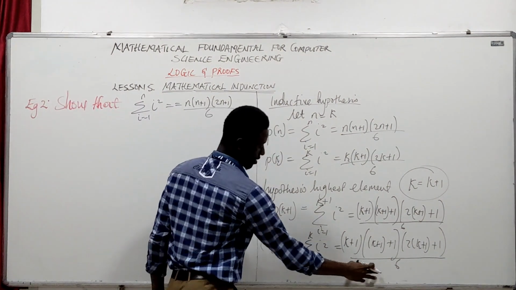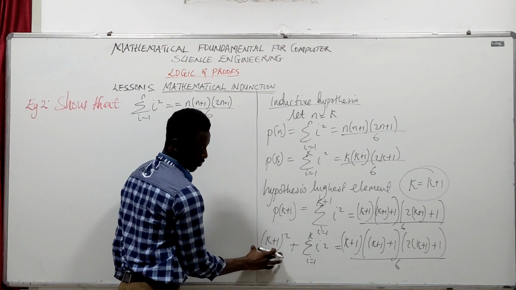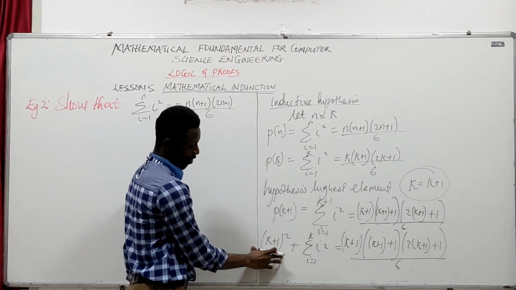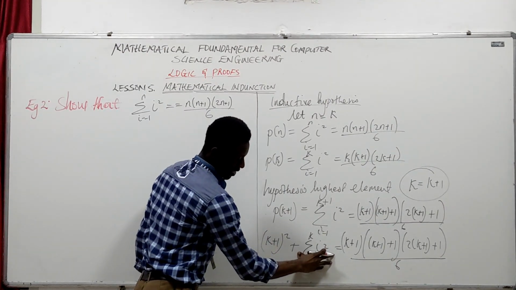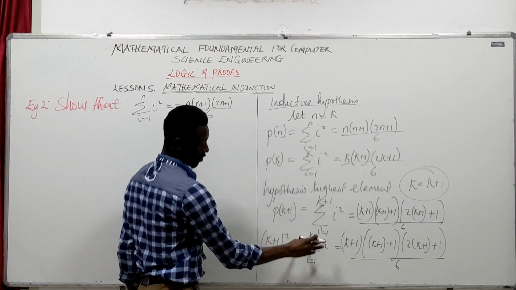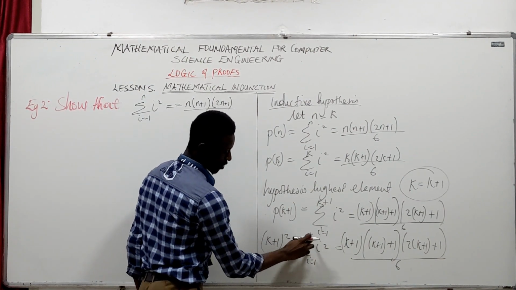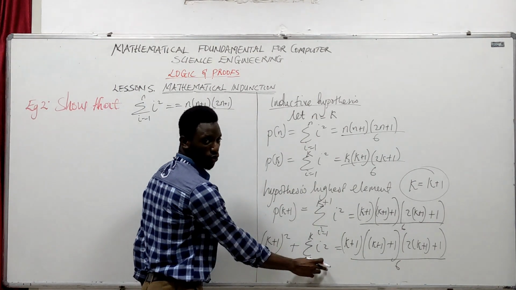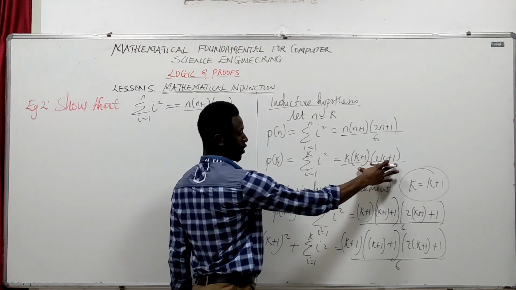From here, we first try to eliminate this summation, because the summation of i squared from i equals 1 to k is equal to this equation.